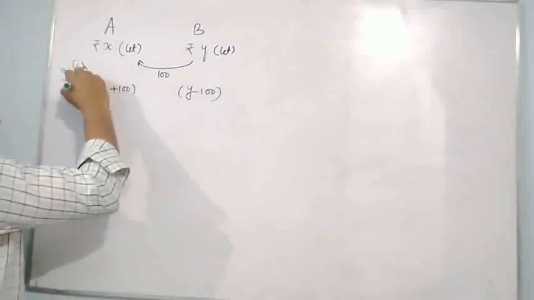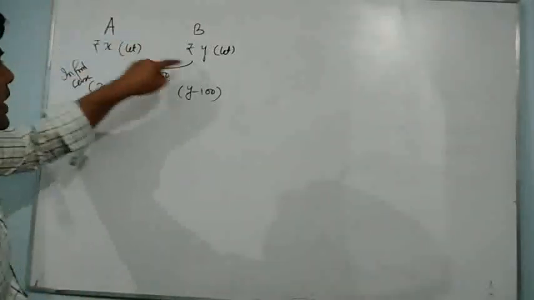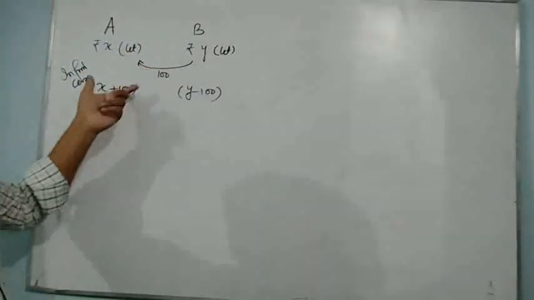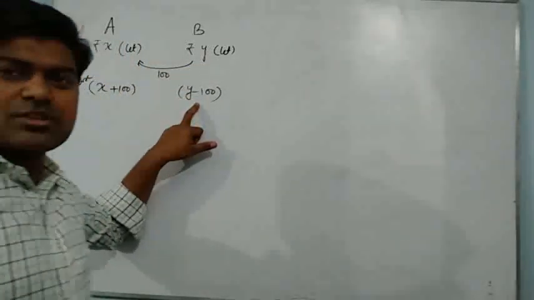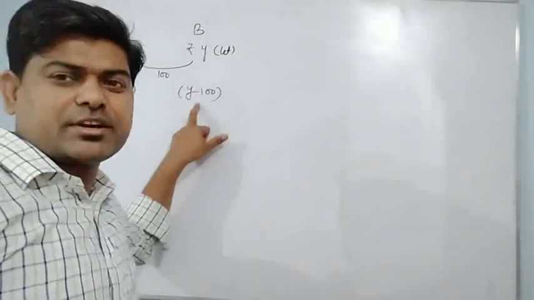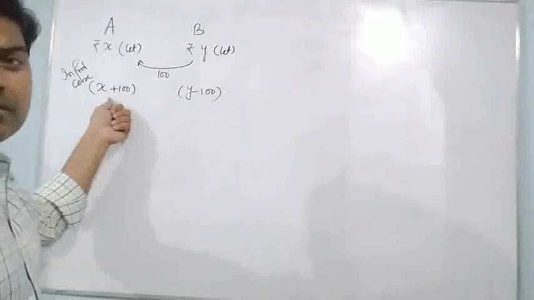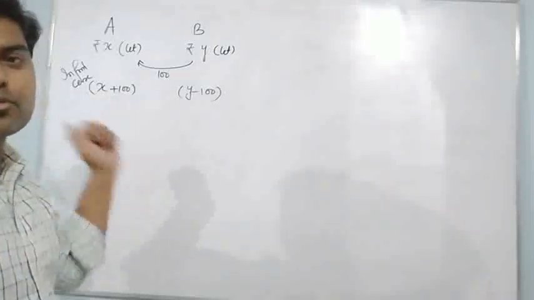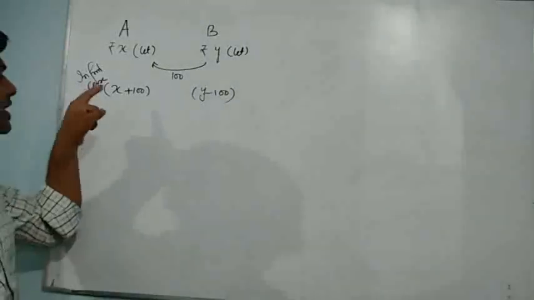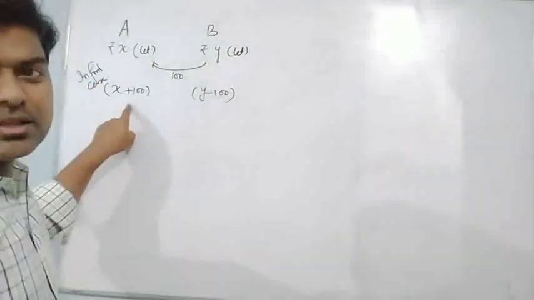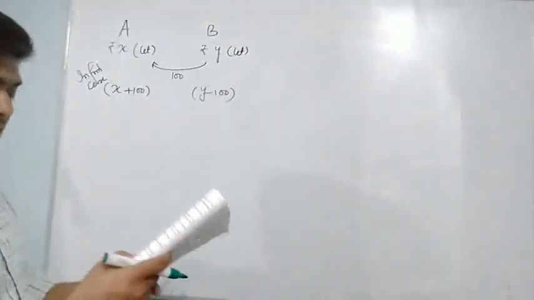In the first case, as A said, if you give me 100 rupees, when he gives 100, definitely whatever amount was there with B will now be 100 less than the previous one, Y minus 100, and A's will be 100 more. So what should I write here? The relation between them is given, he said my amount will be 75% of your left amount.